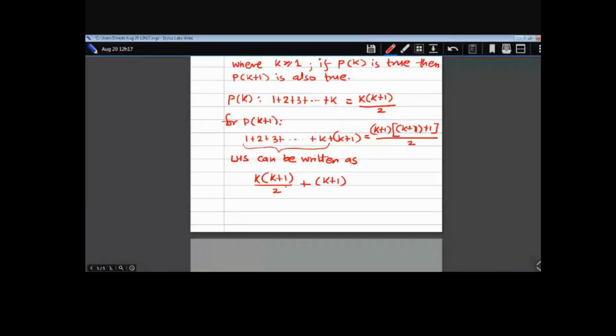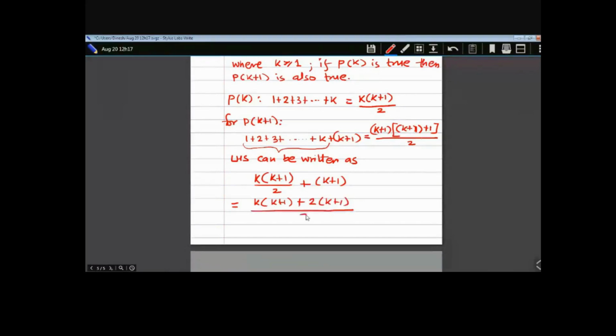Then solve this. What will be the solution for this? It equals k into k plus 1 plus 2 into k plus 1 divided by 2. Now let me add a page. Are you getting me?